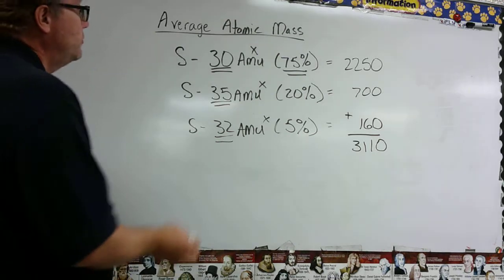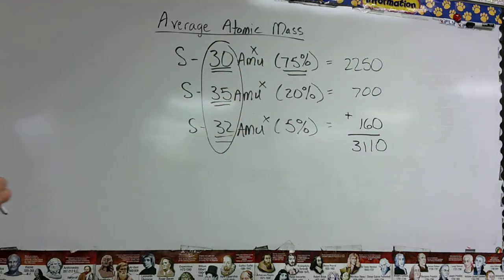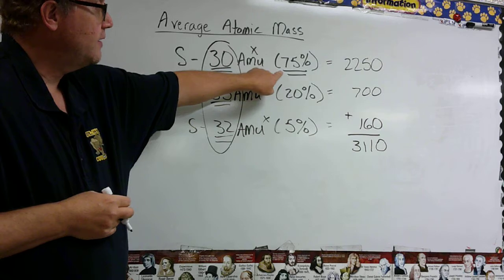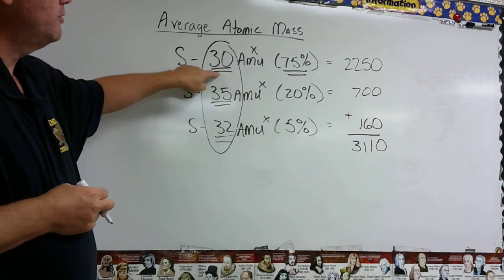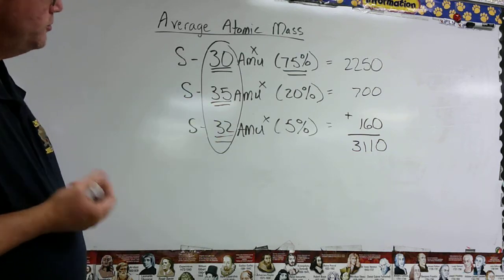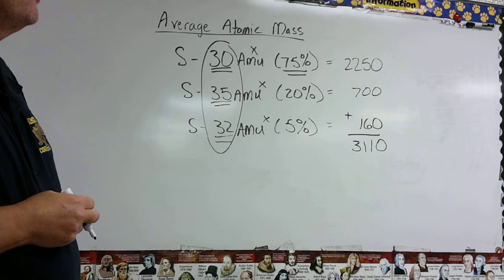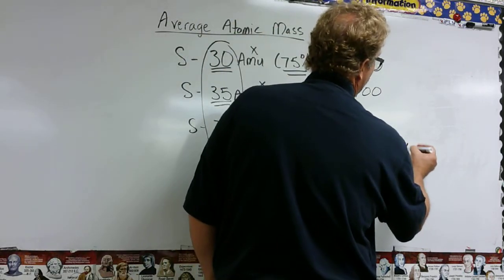The other thing you need to remember is all my numbers have to fall in between here. You'll notice that the higher percent is the 30, so the answer is going to be closer to 30 than to this one. Well, we have to get the last result. My last step is just divide by 100.